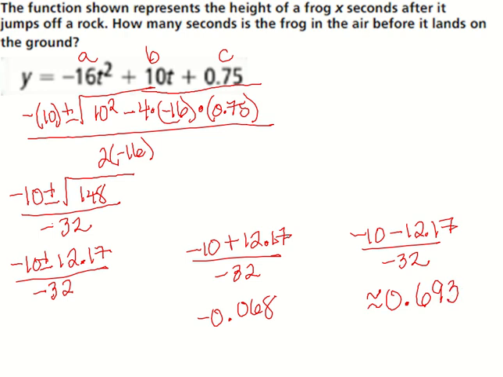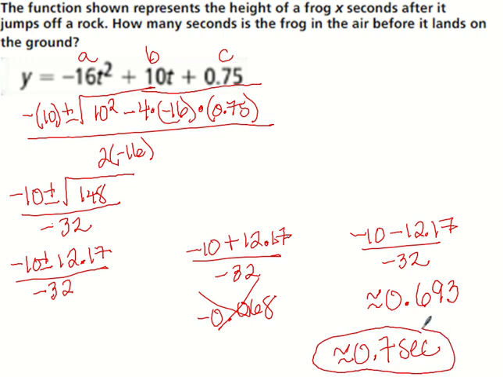So that means when we're talking about seconds, that's not going to be negative. I'm not going to go back in time. There's no such thing. So this solution doesn't even work. This is the only solution that works, so we would say it's about 7/10 of a second. Okay? And so we just rounded it even a little bit more.